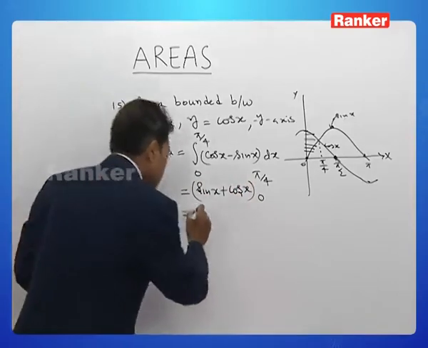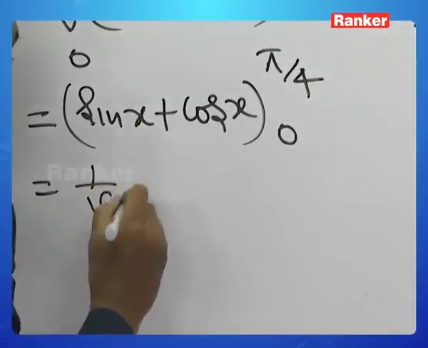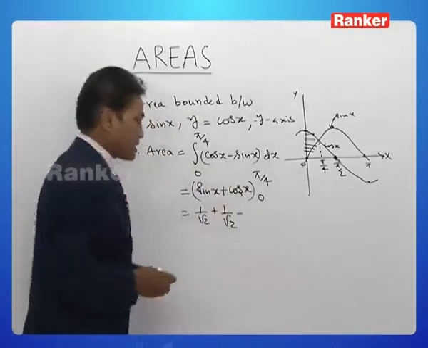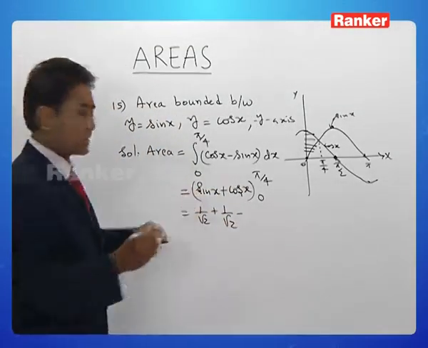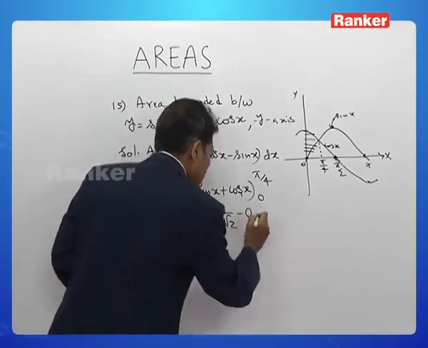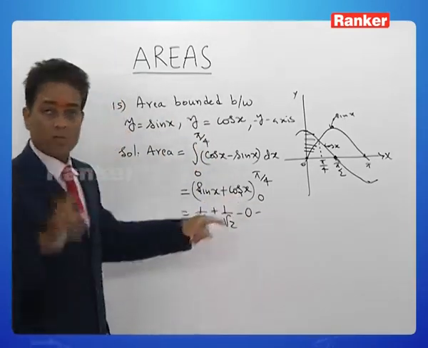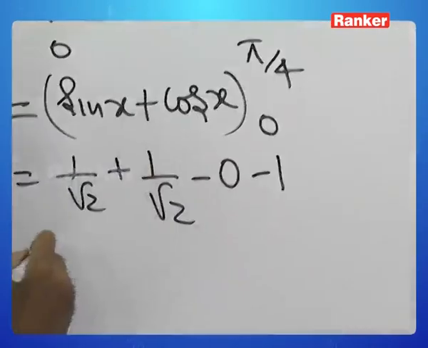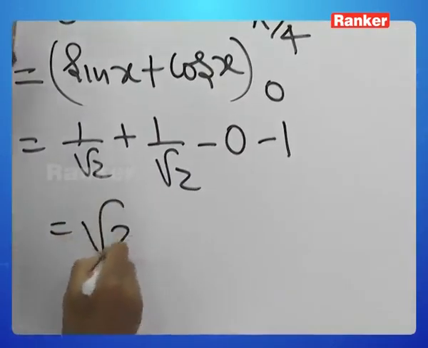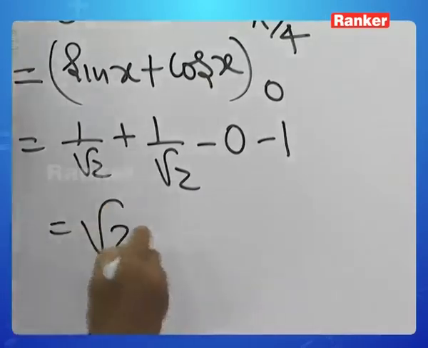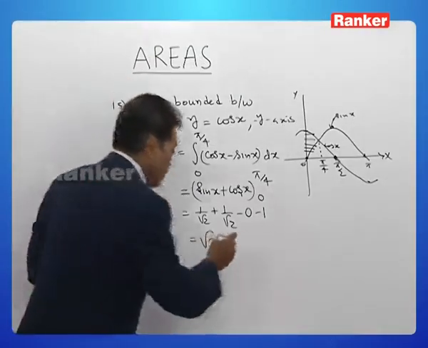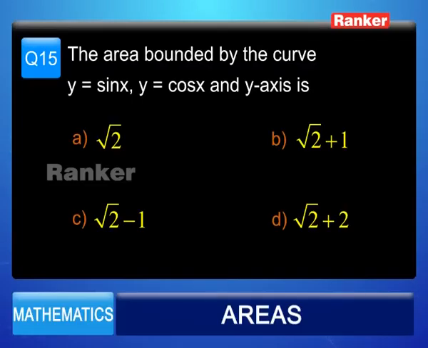Sin pi by 4, cos pi by 4, minus sin 0, 0, minus cos 0, 1. So 1 by root 2 plus 1 by root 2, 2 by root 2, that is root 2, minus 1. So root 2 minus 1 square units. So answer is C.